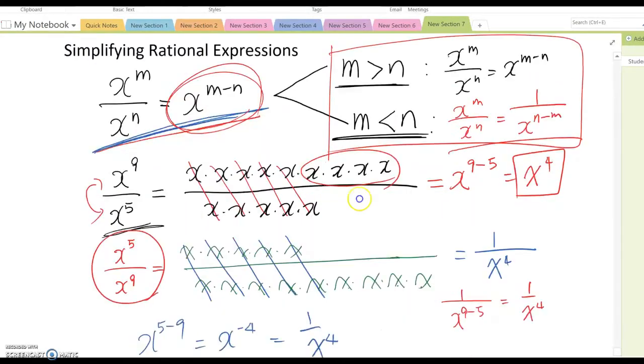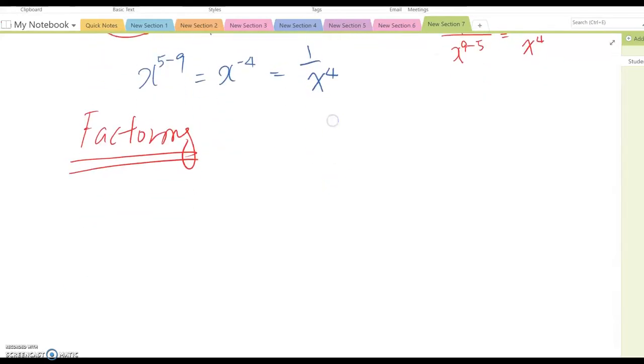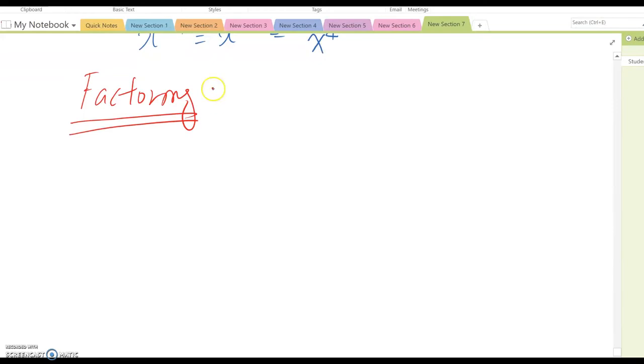The second requirement is factoring. In many cases the expression is not given as a monomial, one term; it has polynomial terms, like two terms, for example x plus 2 over x squared minus 4. In a case like this, you cannot cancel like this.